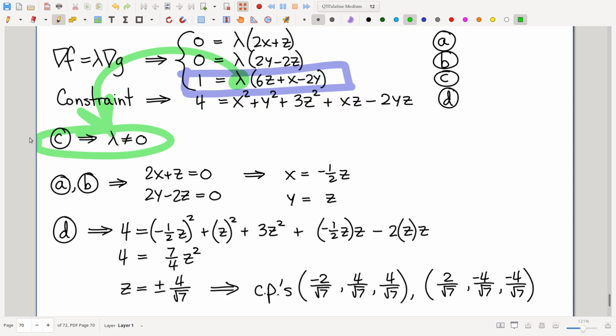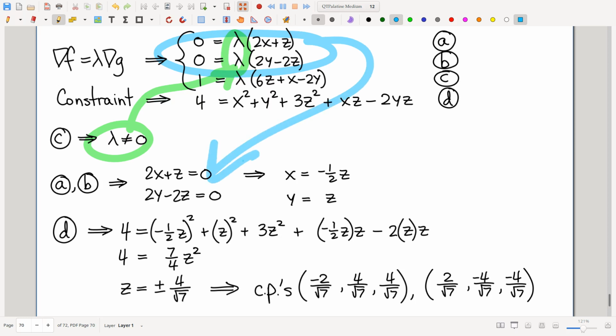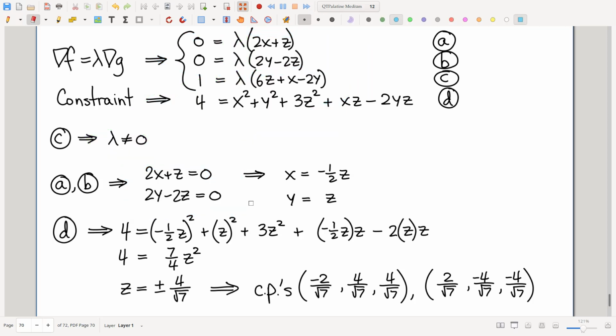So you gotta write that down and establish that lambda is non-zero. Once you've established that lambda is non-zero, then that knowledge absolutely allows you to do that. Is that cool? Okay. All right.